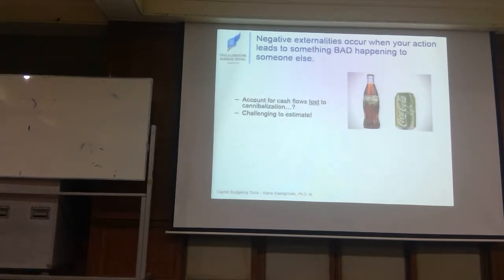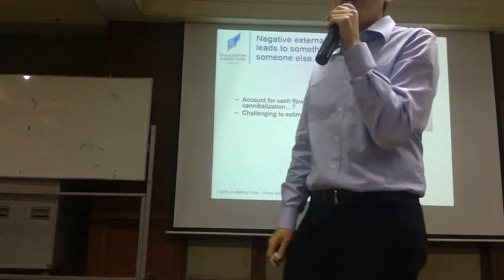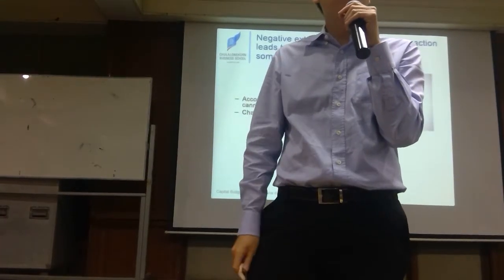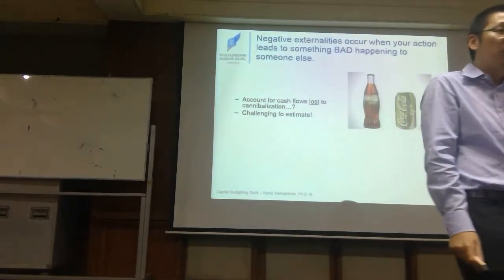You know this conceptually, but financially, what does that imply for our projection? What do you think? Suppose we know 6% of our sales is going to be from old customers. How much of the sales should we count for this product? That's something I need you to think about. For the case we're doing, you have to think a little bit about this as well. Cannibalization makes the sales go down, so how do you treat that?